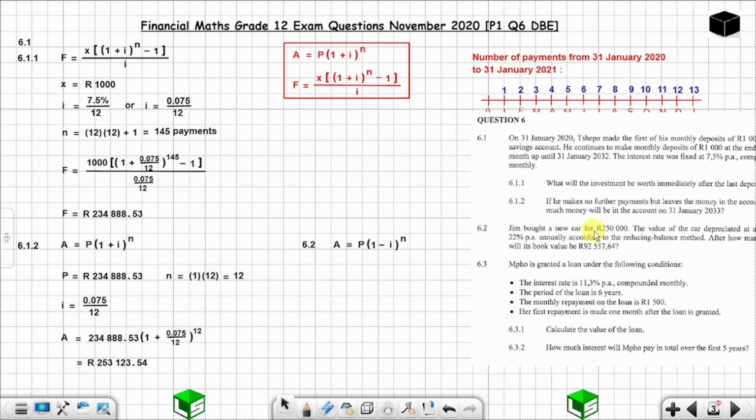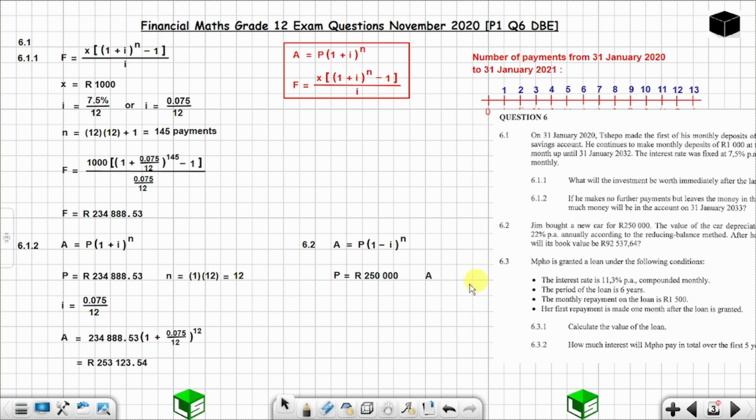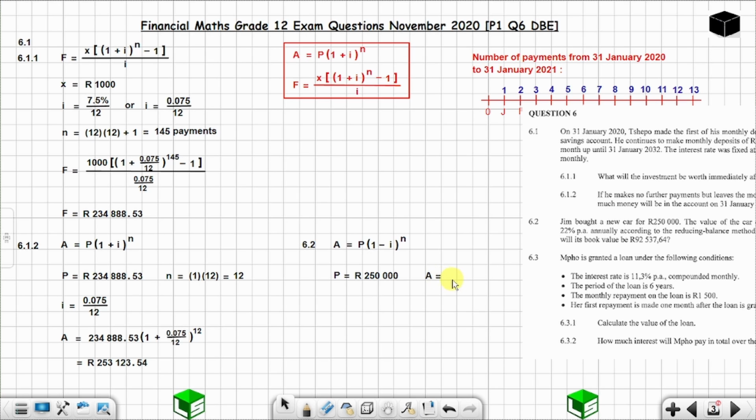So this is your initial amount, which is P. P is equal to this, and the final amount, which is A, is this one. P is initial, A is final.